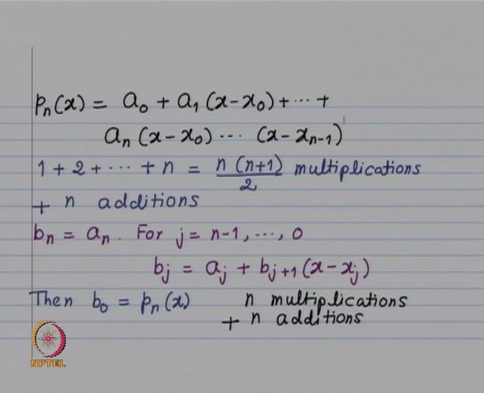Now, next what we want to do is we want to consider cubic Hermite interpolation. So, this is part of what is known as osculatory interpolation.